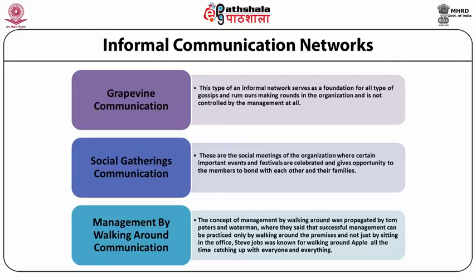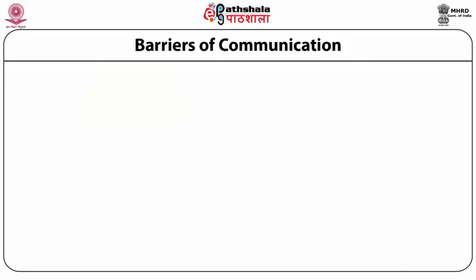Steve Jobs was known as walking around in Apple all the time, catching up with everyone and everything. And he actually popularized this concept of management by walking around and proved to be quite a fruitful communication network. Now it's time to understand what are the barriers to communication.